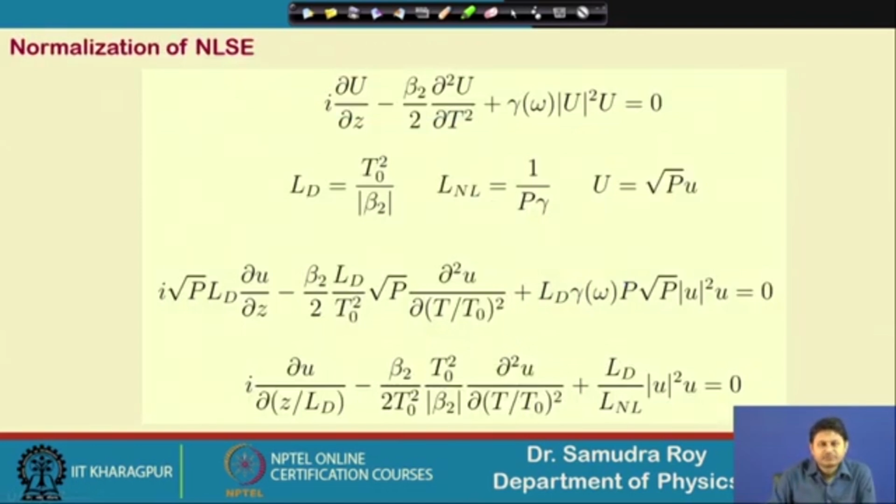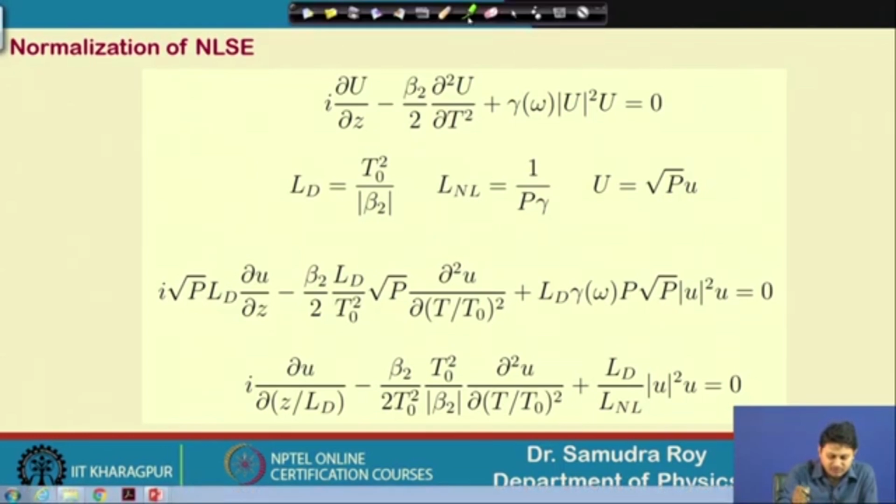Before that, one thing we need to do is the normalization of the nonlinear Schrodinger equation. This is the nonlinear Schrodinger equation, which has some sort of dimension. What are the dimensions here?